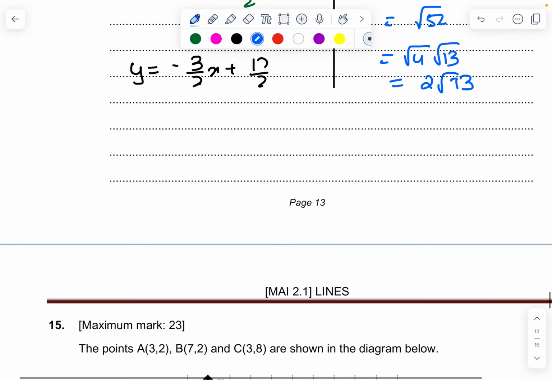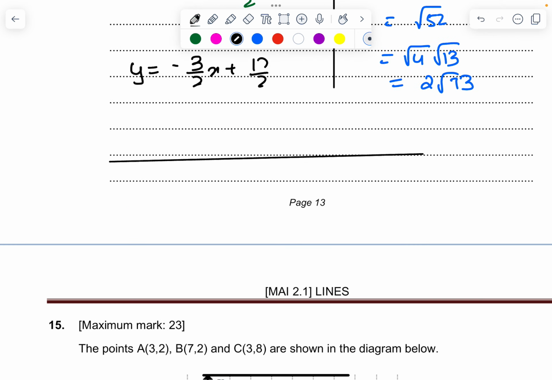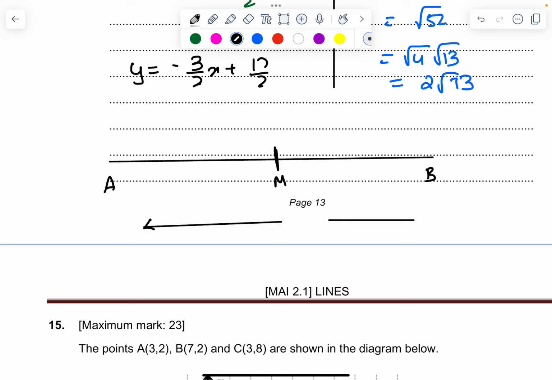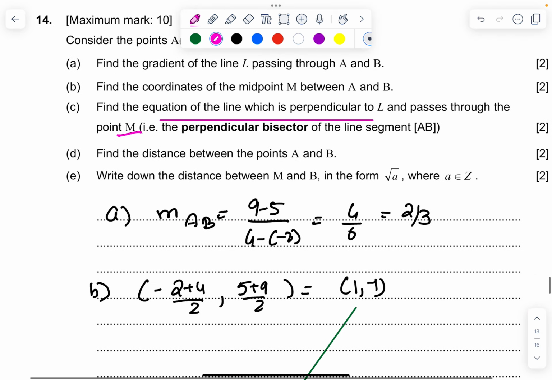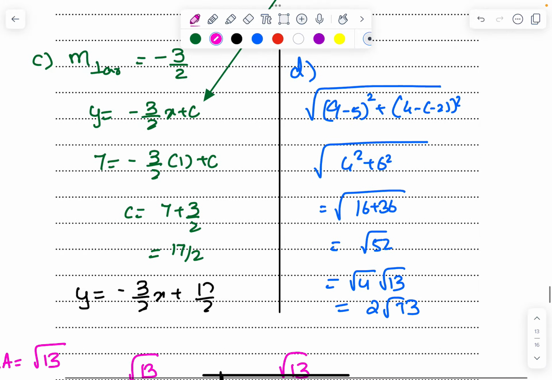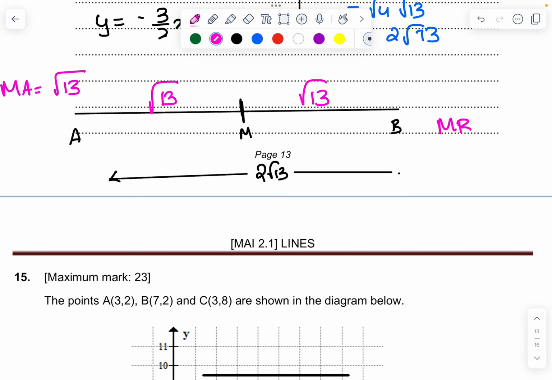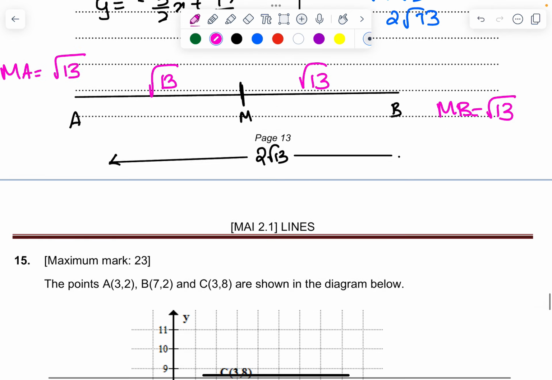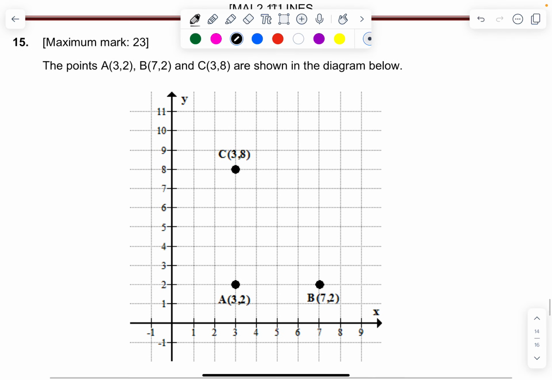When I draw the diagram, A is over here, B is over here, and M is over here. The total distance is 2 root 13, so this has to be root 13 and this has to be root 13. So what is the distance of MA? Root 13. He is asking, find the distance between M and B. M to B also is going to be root 13.